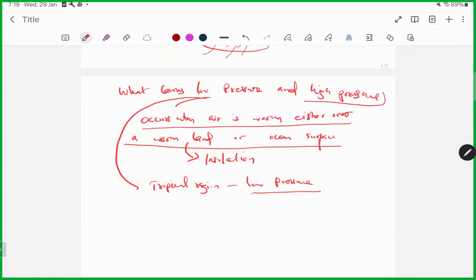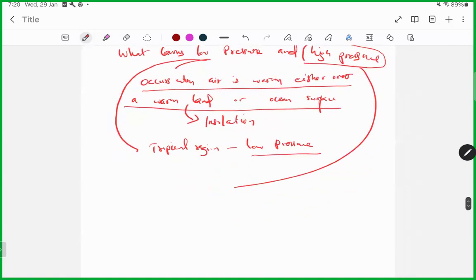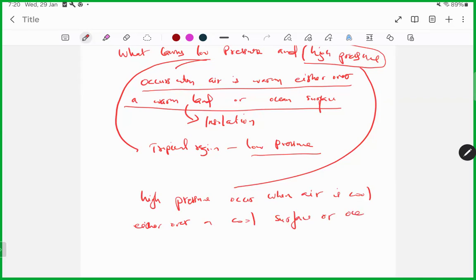Similarly here, as you can see, the high pressure is anti-clockwise to the low pressure. Similarly, high pressure occurs when air is cool, either over a cool land surface or ocean surface.